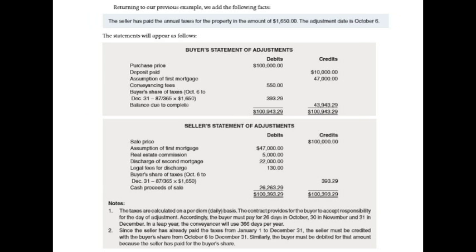Also in the left column would be discharge of second mortgage, a negative debit, frowny face, 22 grand. Then we have legal fees for the discharge, $130. That's a negative frowny face debit, left column. Now we have the buyer's share of the tax.